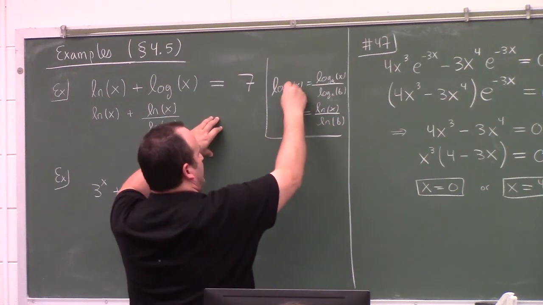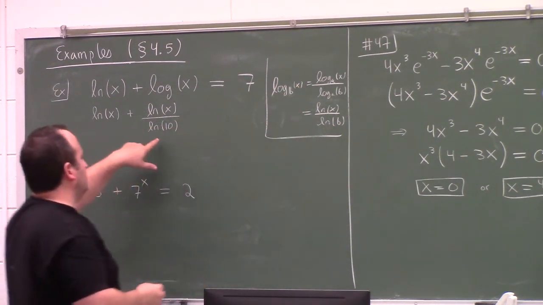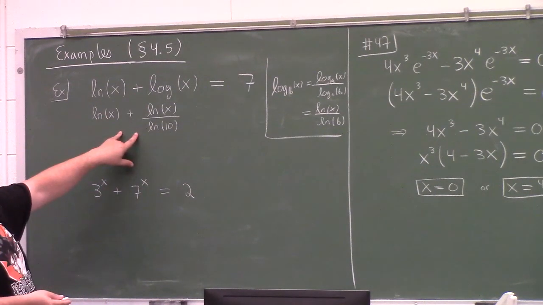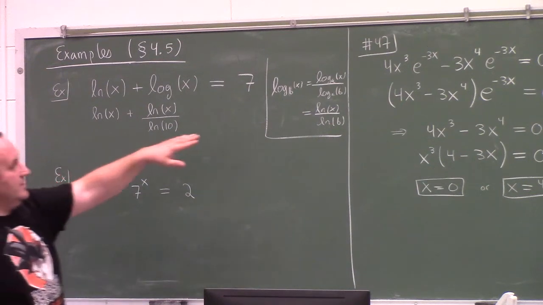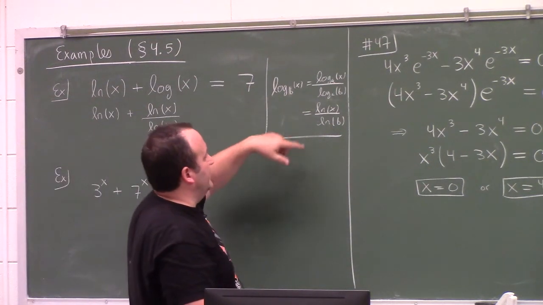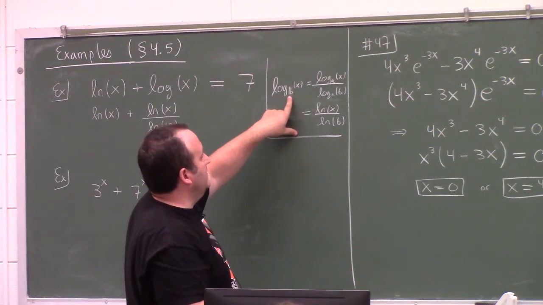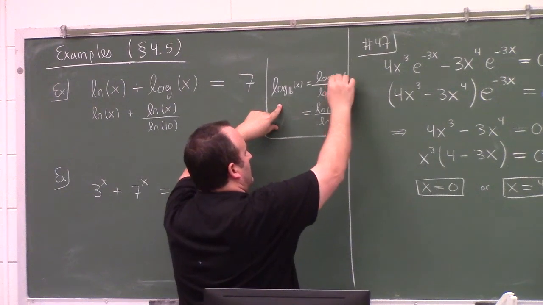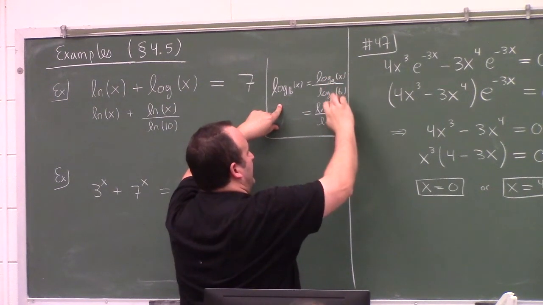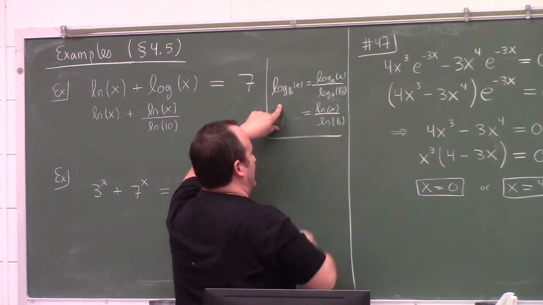But in this case, the b is 10 because it's common log. So this is just that. Log base b of x equals log base a of x divided by log base a of b. It's hard to choose a font size which is big enough for all these things to come up on the board.